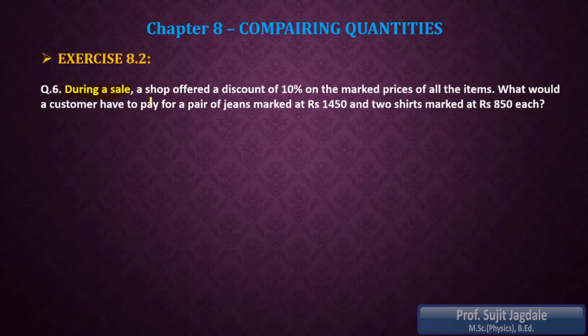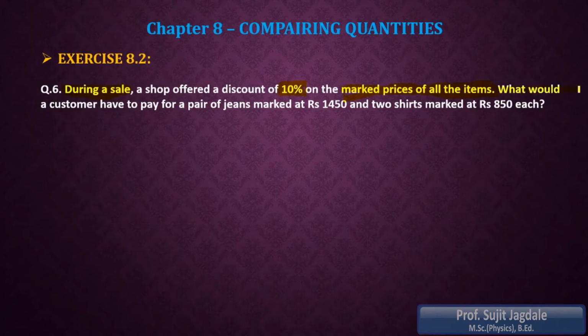So here, during a sale, a shop offered a discount of 10% on the marked price of all the items. That means whatever items are present in that shop, the discount on the marked prices of all the items is 10% during that sale.